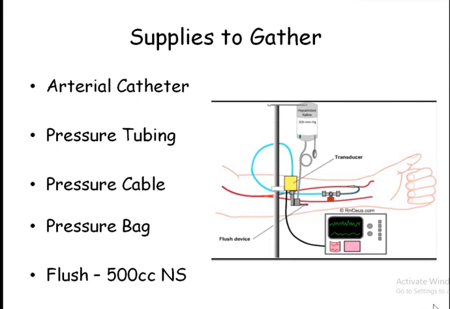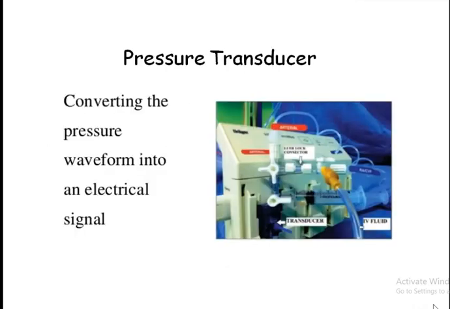You will need normal saline solution for the flushing, and from that transducer there is a black wire that goes to the monitor, and that will give the recording. So this is the total apparatus we will be requiring. This is the pressure transducer we are routinely using in our ICU, doing this invasive intra-arterial recording.